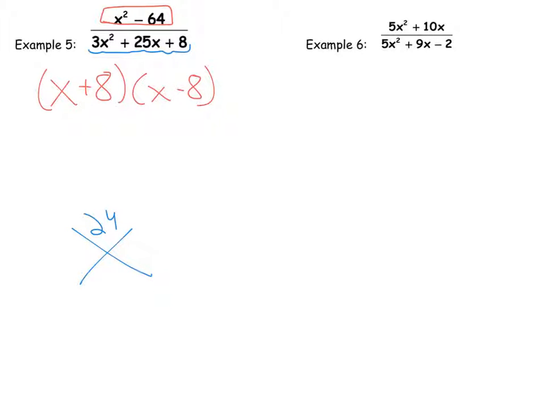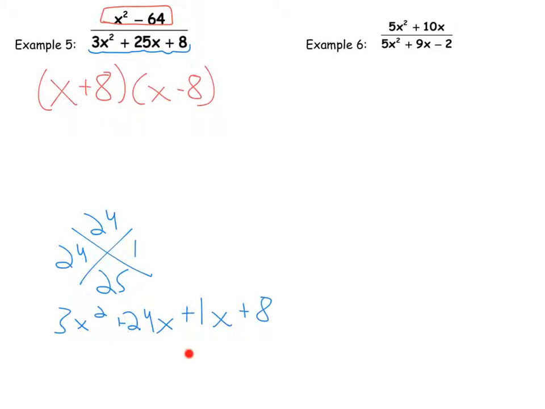And then we take the middle term, the 25, and that's going to go on the bottom. So two numbers that multiply to 24 and add to 25, that's going to be 24 and 1. And so now we split the middle. So this is going to be 3x squared plus 24x plus 1x plus 8.